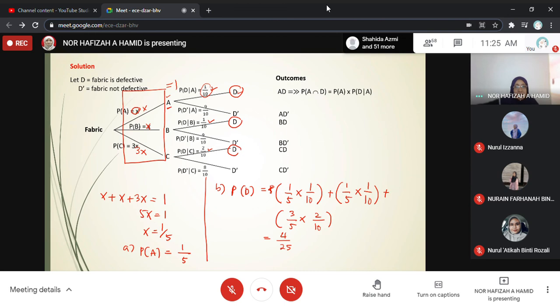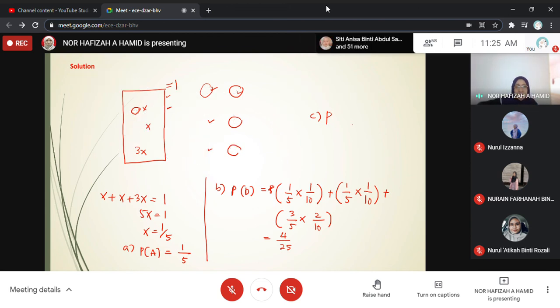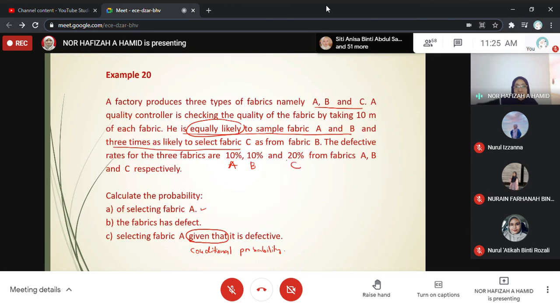Okay, next we have part C. For C, the question asks us to select fabric A given that. Because it is a conditional event, first you must determine which one comes in front. For this example 20, they want you to calculate the probability of selecting fabric A. So A must be in front.